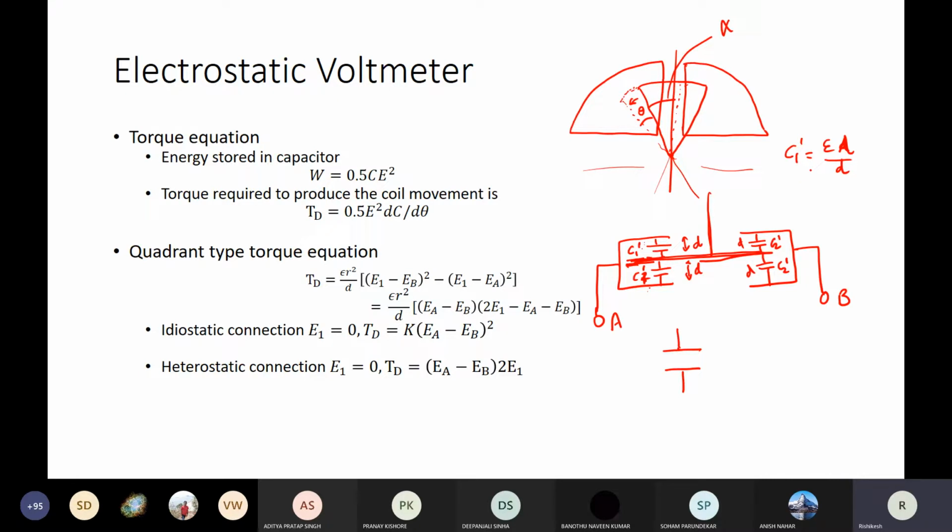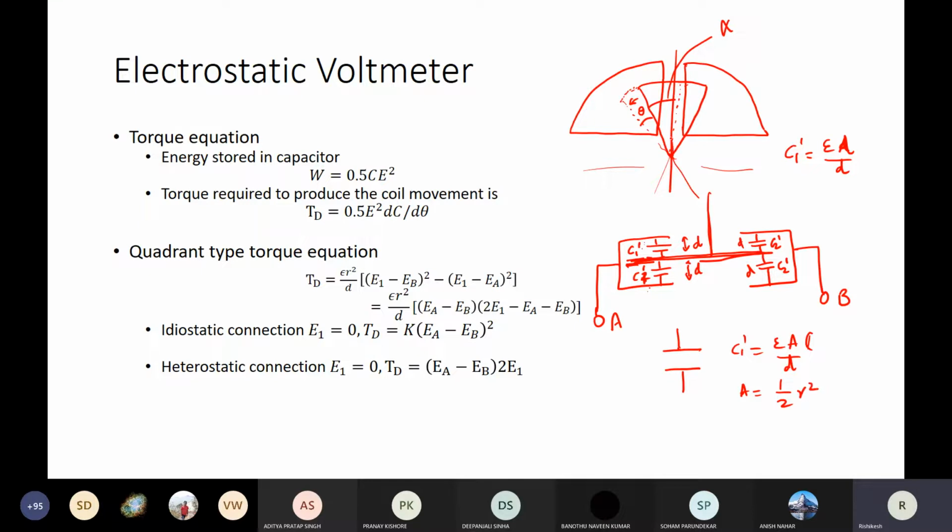Now, in this case, C1 dash is epsilon A by D, where A is the area of overlap, which in this case can be obtained as 1/2 R square (alpha plus theta).